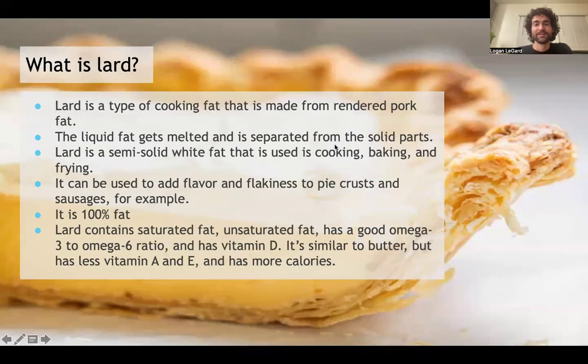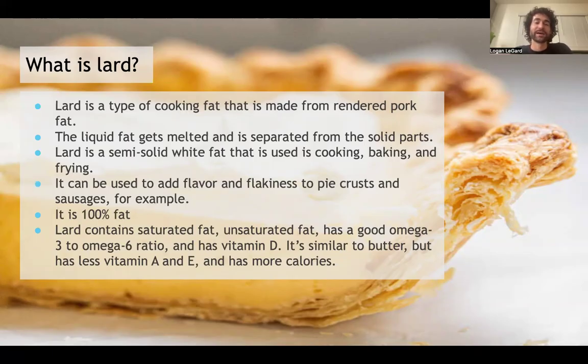Okie dokie. So what is lard? Lard is a type of cooking fat that is made from rendered pork fat. The liquid fat gets melted and is separated from the solid parts. Lard is a semi-solid white fat that is used in cooking, baking, and frying.